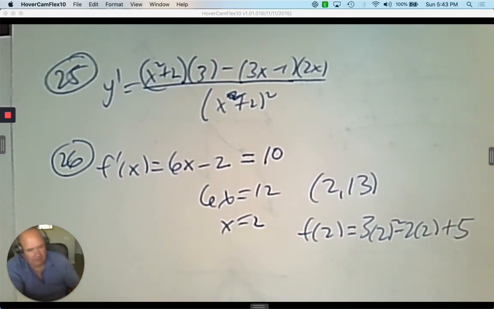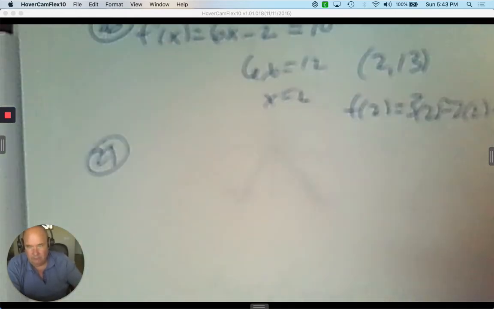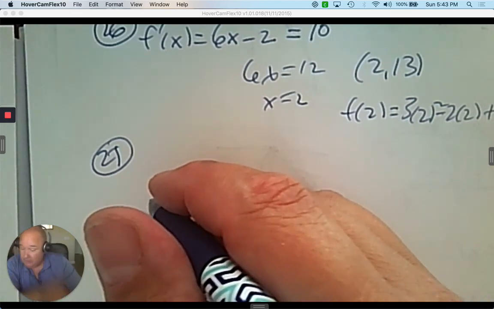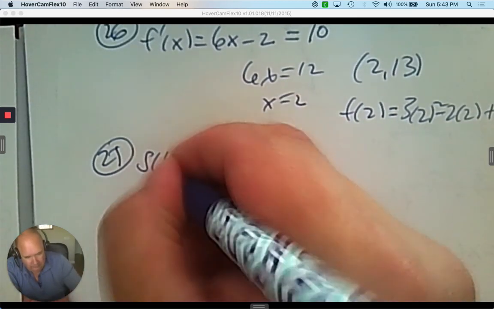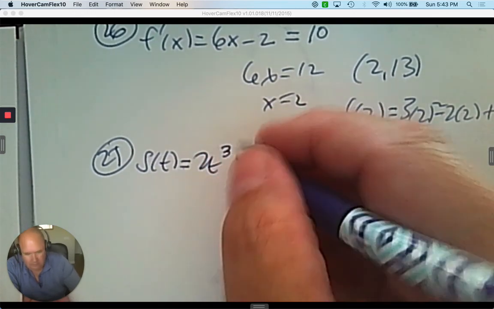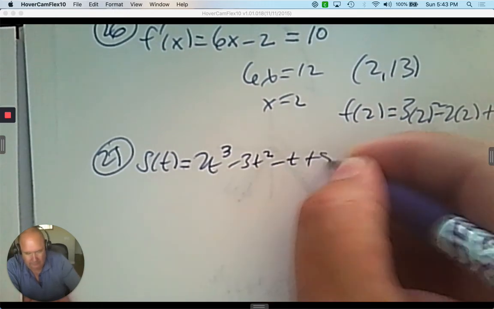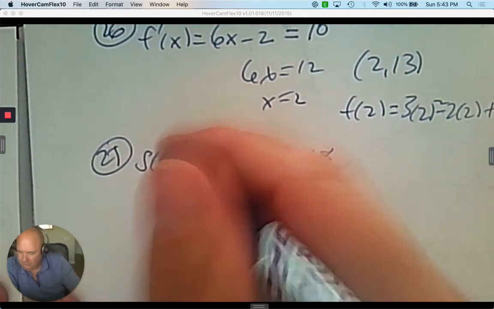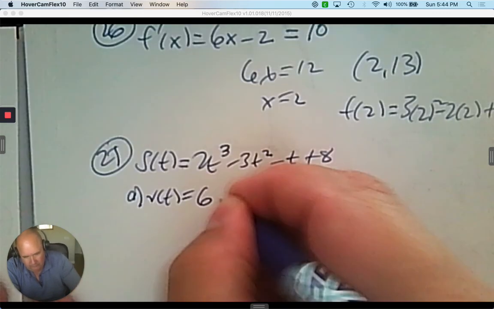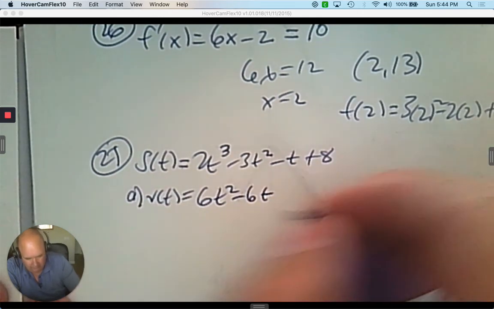There you go. And now the last question, 27, to do with velocity, displacement, and acceleration. So the position of an object moving horizontally is s of t equals 2t cubed, subtract 3t squared minus t plus 8. All right, so now let's answer some questions. What's the velocity equation? The derivative. It says, what's the initial velocity?